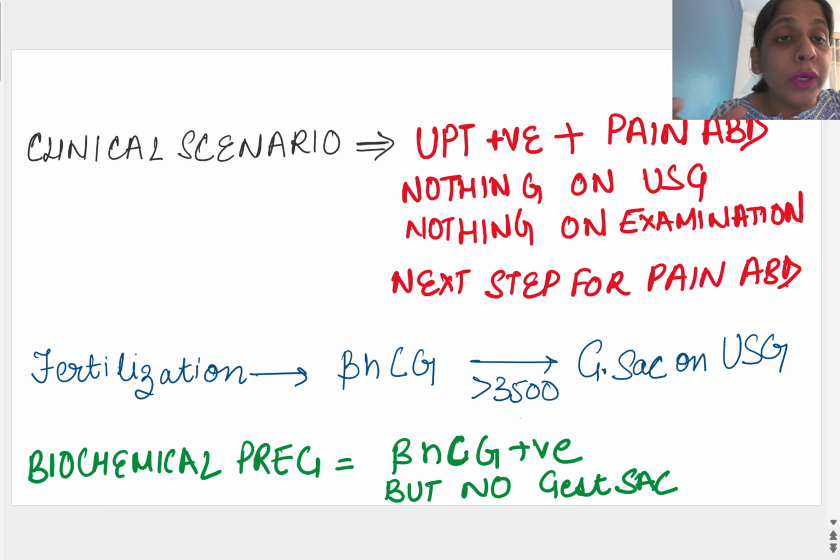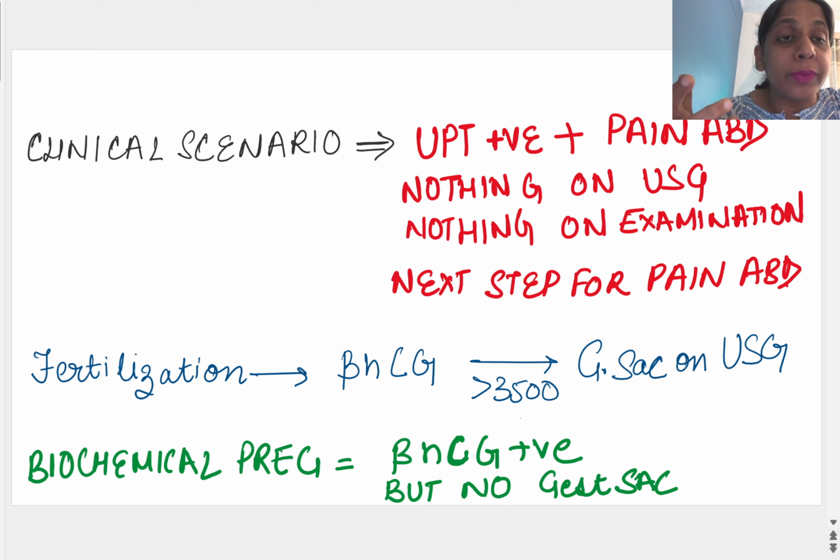Now what will you do for this pain abdomen with UPT positive? First of all, there can be three diagnoses at this stage when UPT is positive and the patient is having pain. Number one, it is a normal intrauterine pregnancy and the patient is just sensitive to the changes in the body.